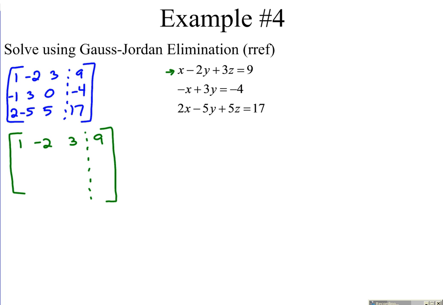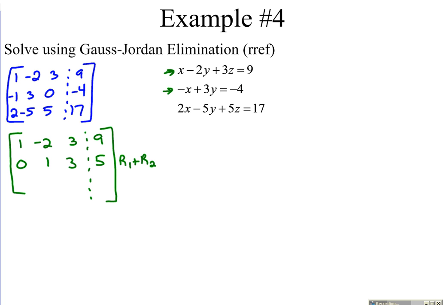I want to eliminate x's in the second equation. How do I do that? Well, just simply add them together. So I'm going to take row 1 and add to it row 2. When we do that, we get 0, 1, 3, and 5.